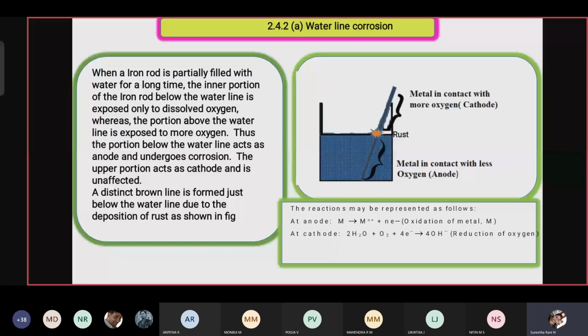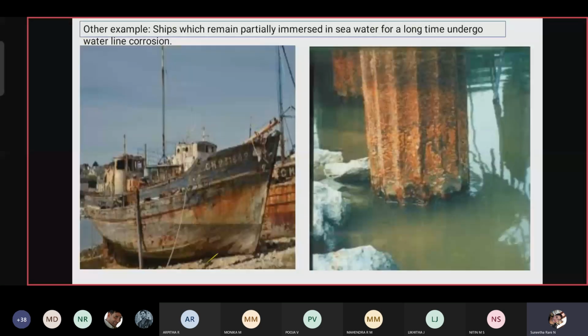One picture is a ship which is always immersed in the water, and in the other, the pillars are half immersed in the water and the other half is not immersed in the water. Can you see in the second picture, right? So these two are examples of waterline corrosion.